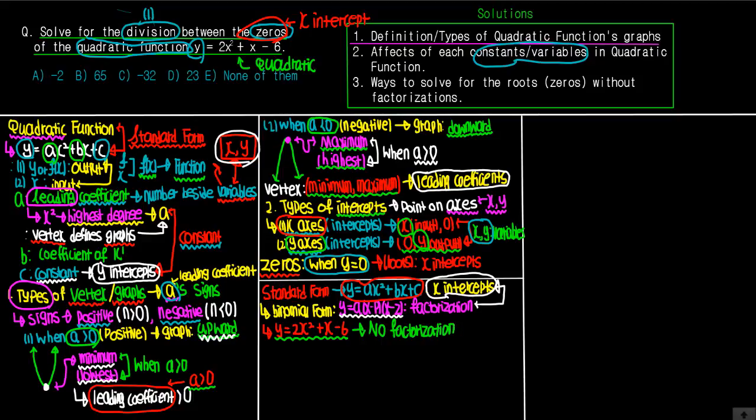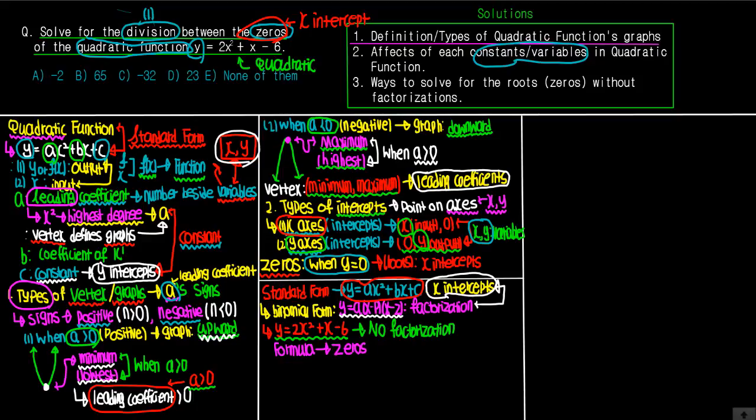It is the way to apply our formula. What is the formula? Well, the formula that we talked about in a lot of videos is to solve for our zeros.